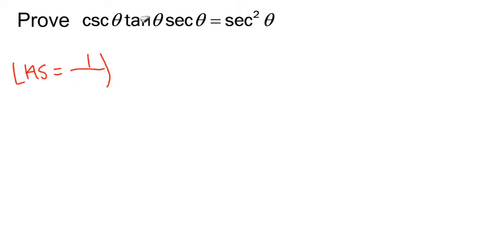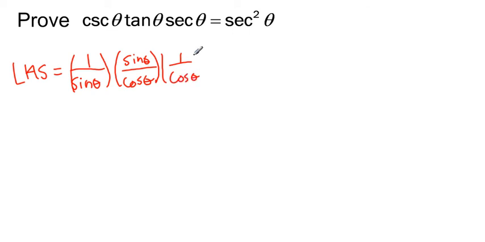I always make that mistake. 1 over sine theta. Tan is the same as sine theta over cos theta. And secant is the same as 1 over cos theta. So now I've rewritten those as their trigonometric identities.